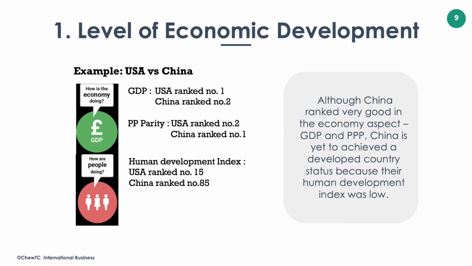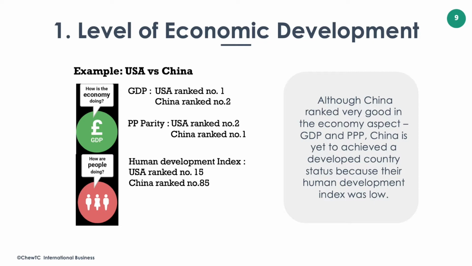In terms of economy, we compare two aspects, GDP and PPP. In terms of GDP, the United States ranked number 1, whereas China ranked number 2. In terms of purchasing power parity, the United States ranked number 2, China ranked number 1.